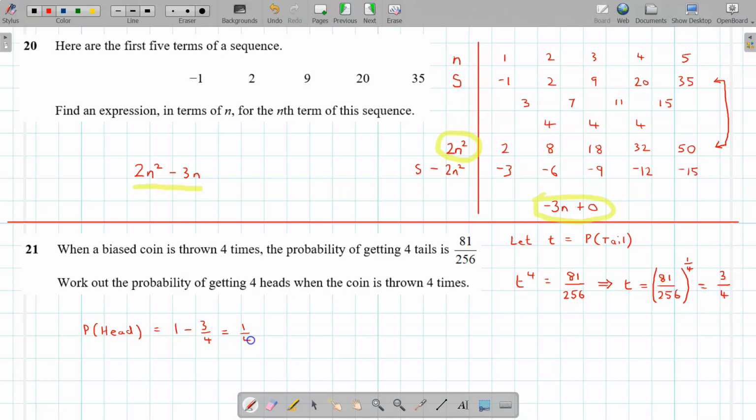So if the probability of getting 1 head is 1/4, the probability of 4 heads is equal to 1/4 to the power of 4, 1/4 times 1/4 times 1/4 times 1/4, which is just 1 over 256.